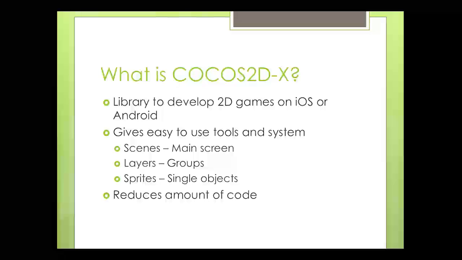Basically, you have scenes, layers, and sprites. The scene is the overall main picture, your main screen. Layers are groupings of similar objects, or something you want to have its own little group, a section. And then the sprites are, of course, the single objects, each little image on the screen: the players, the items, stuff like that.